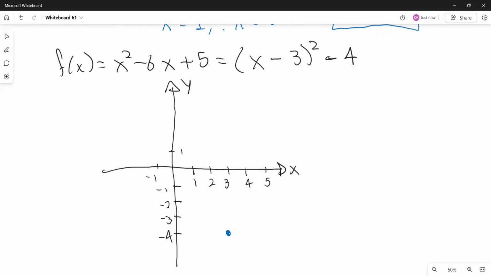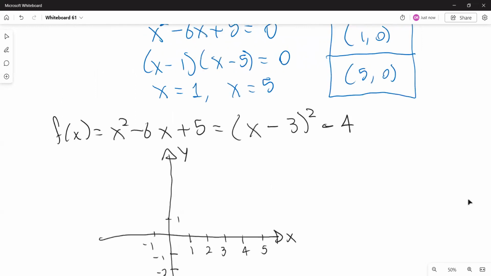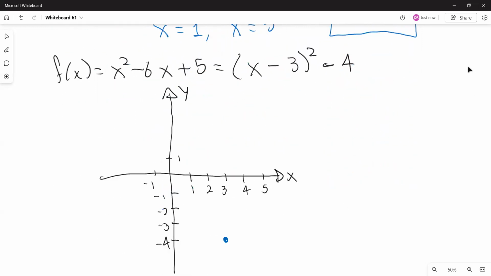We also found the y-intercept. The y-intercept is (0, 5). And the x-intercepts are (1, 0) and (5, 0).